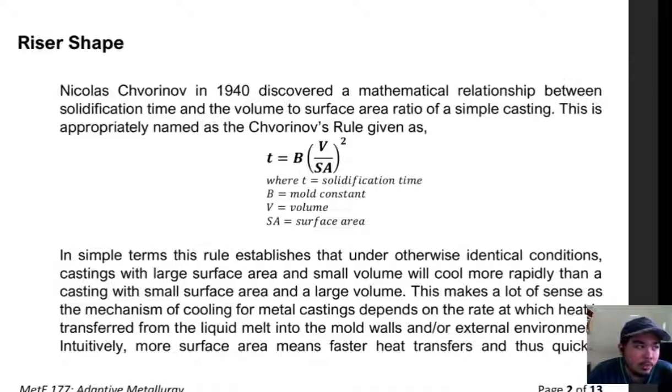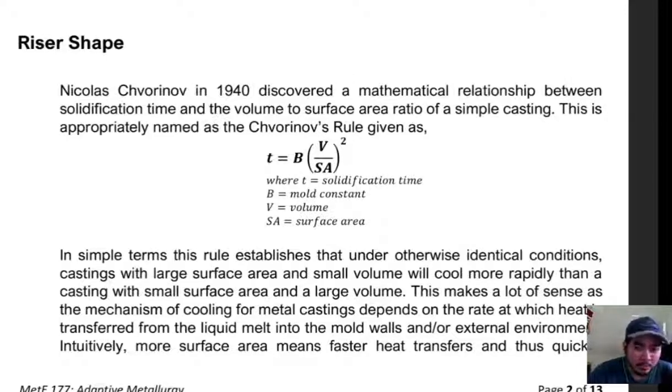Tapos si volume is an index of the heat content of your object, no? So if you have a higher volume to surface area ratio, meaning for the same volume, maliit yung surface area na naka-cover ng isang object na yon, then therefore mataas yung magiging solidification time niya, or mas mabagal siya mag-solidify kumbaga.